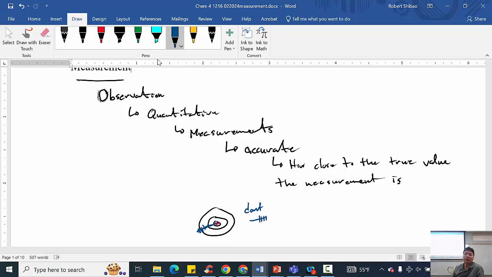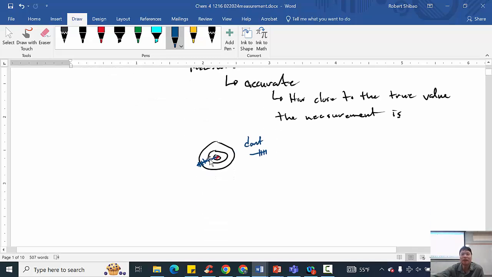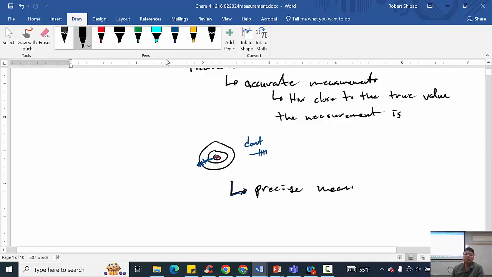If I guess that as 6.25 meters, then it might be accurate. It might not be. But there's one other component to measurement that we have to worry about, and that is, in addition to accuracy, we want precise measurements. So we want accurate measurements, and we want precise measurements.